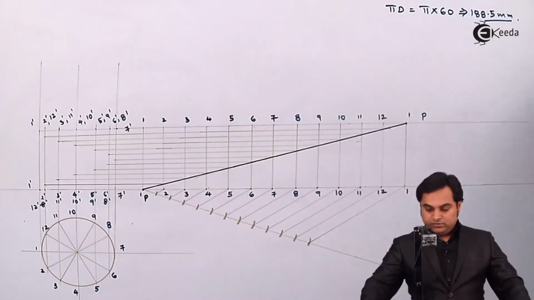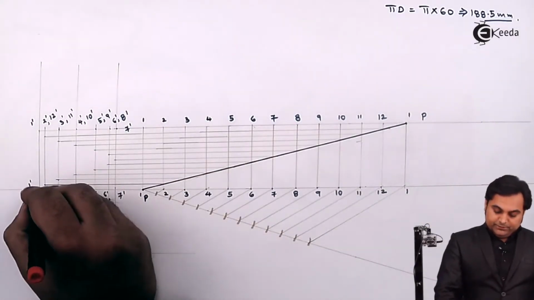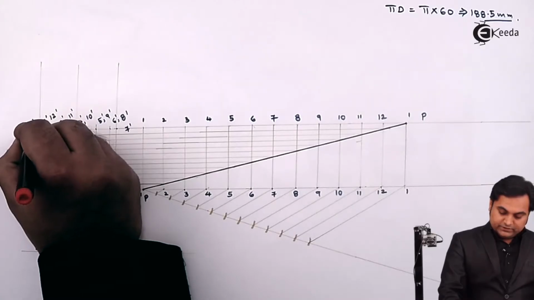It means here will be point P dash and it will end here at this location.